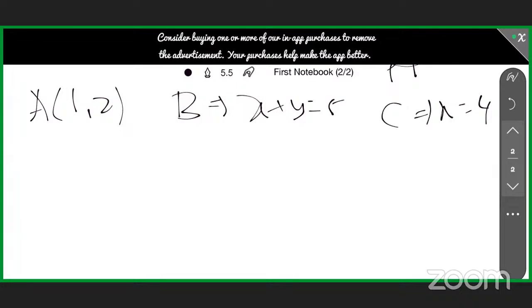So from point A, they have given the vertex A (1, 2). For point B, the median is x plus y is equal to 5. For point C, the median is x is equal to 4.